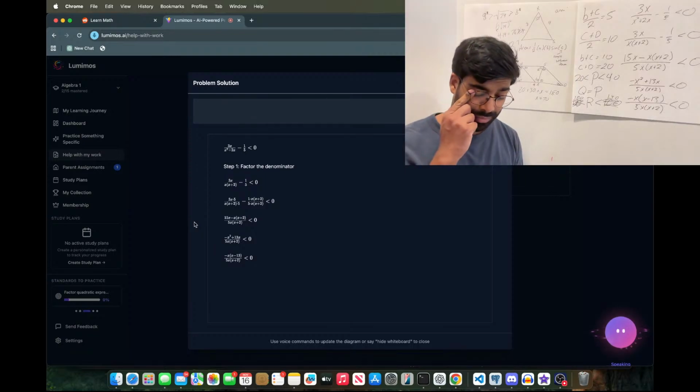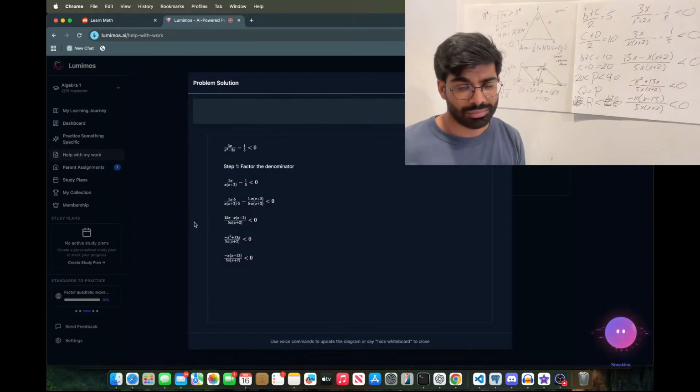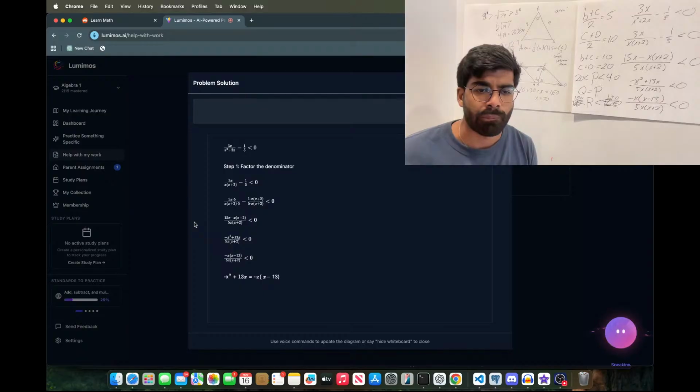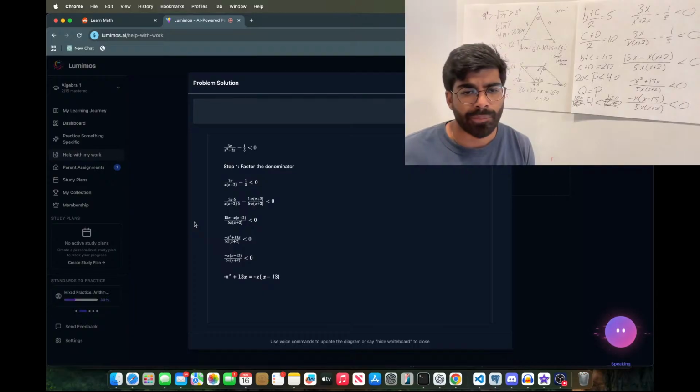Great question. You don't have to. You could factor out regular x too. But here's why negative x is cleaner. When you have negative x squared plus 13x and factor out negative x, watch what happens. If you multiply negative x by x, you get negative x squared, and negative x by negative 13 gives you plus 13x.